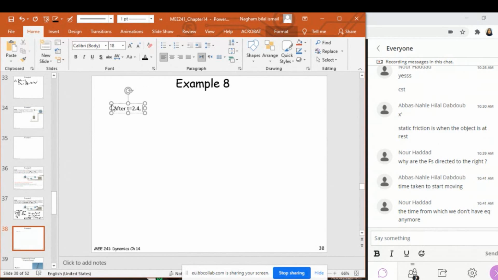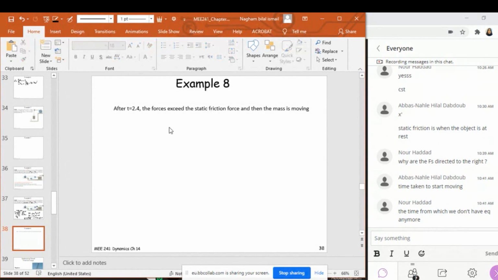I don't want to say F, it's 2F in fact. So the forces exceed the static friction force, and then the mass is moving.